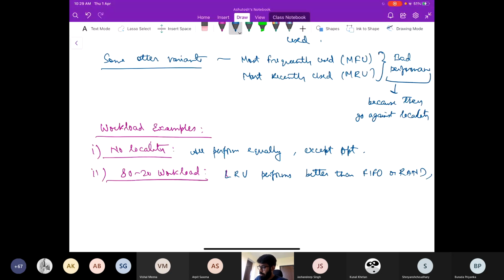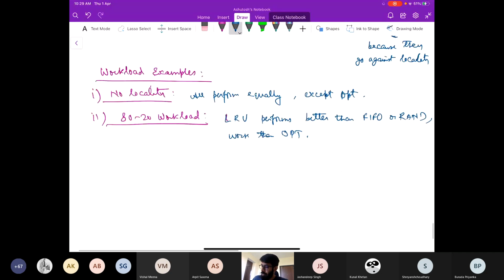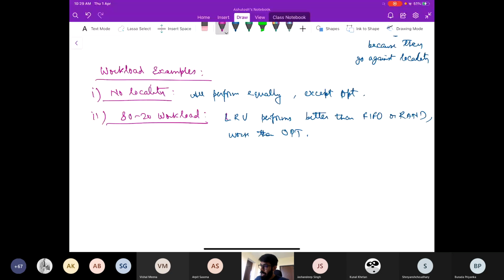Okay, but of course worse than opt. And finally, they look at something called a looping workload, where the program just loops through certain pages. Okay.